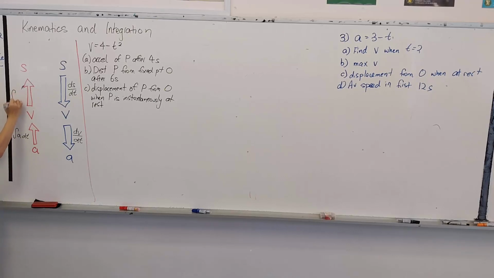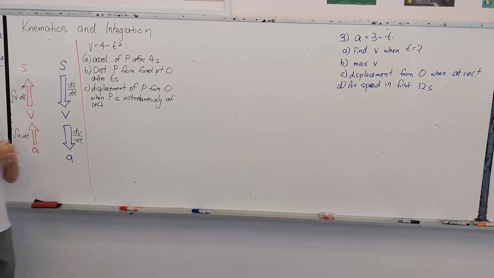I will integrate v with respect to time. So if I'm asked to go from a to displacement, I need to integrate twice, and I need to find two C's, one for v, one for s. Okay, so I got two C's. We will see in the last example.